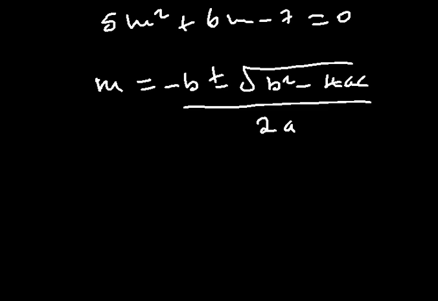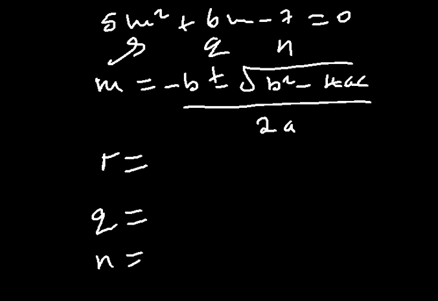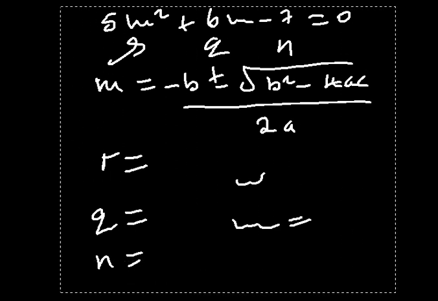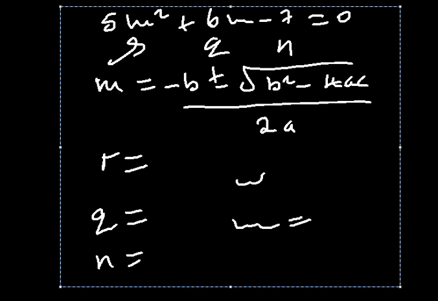Likewise, if the equation is an equation of r, we'll have r is equal to whatever. If it is an equation of q, we'll have q. If it is an equation of n, we'll have n. If it is of w, we'll have w is equal to whatever it can be. It is not necessarily that the quadratic formula only has to be of x, because it depends on the variable of that particular equation.